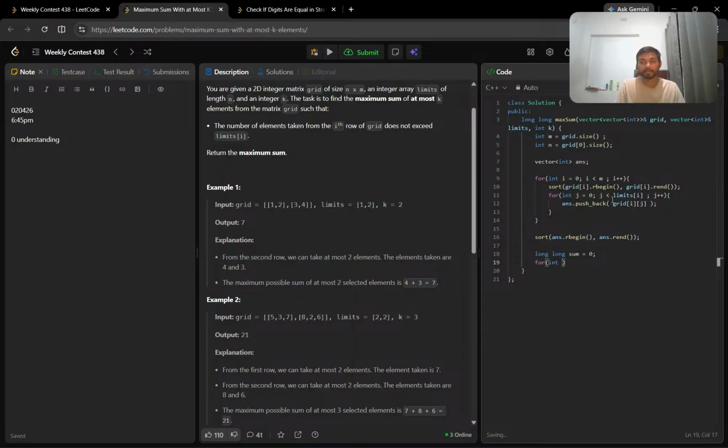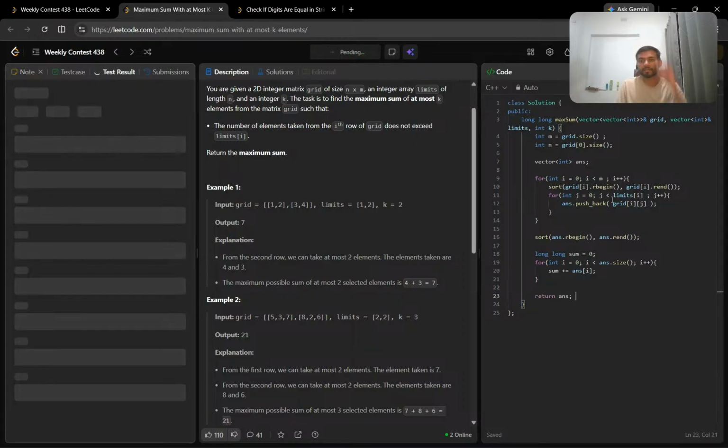Iterate, i plus plus, then sum plus equals answer i. That's it. Return answer. That's it. I cannot think beyond that, if it would be giving any issue.